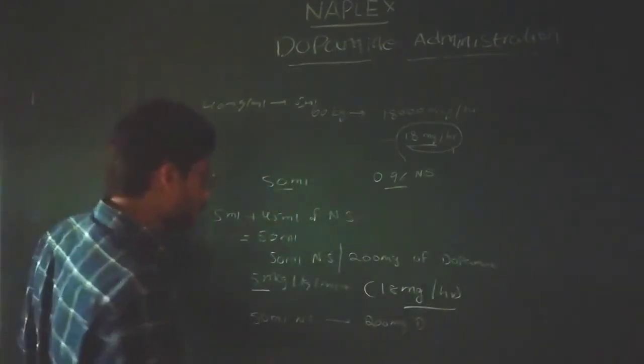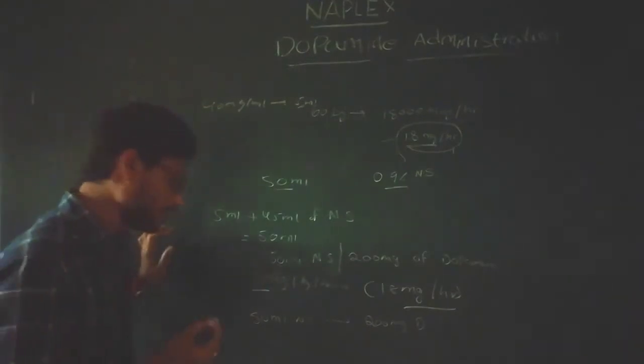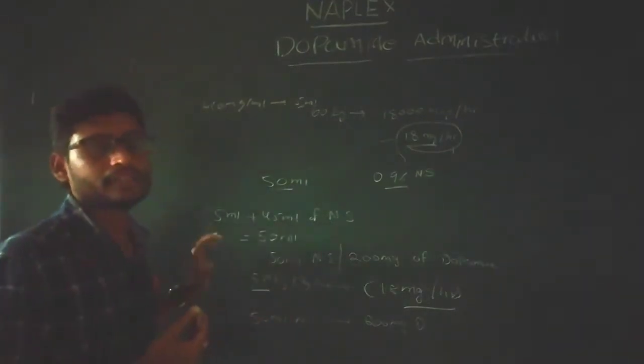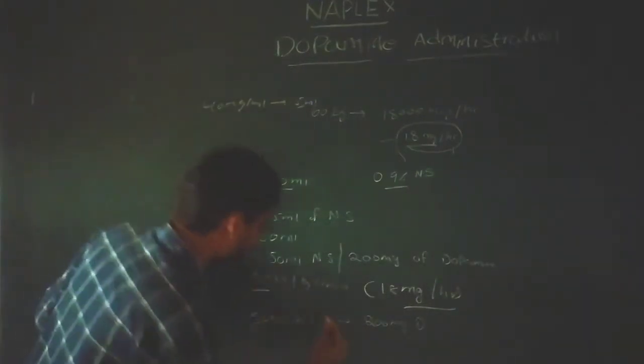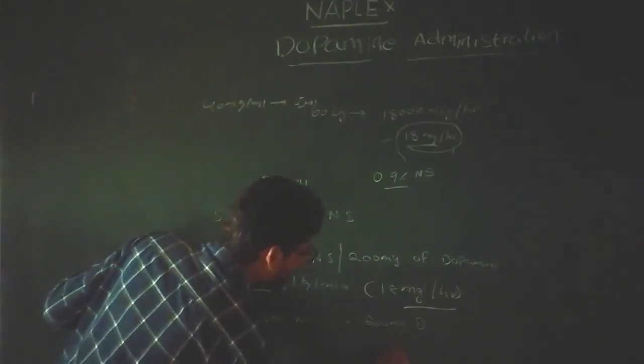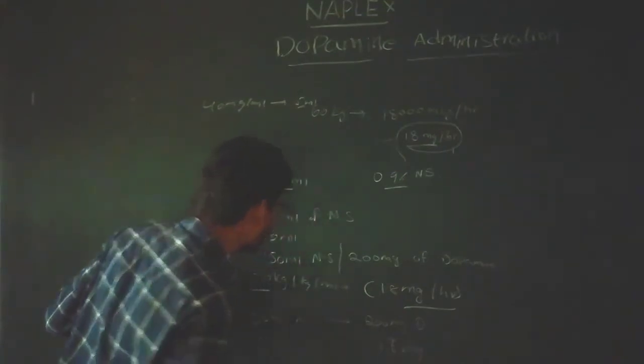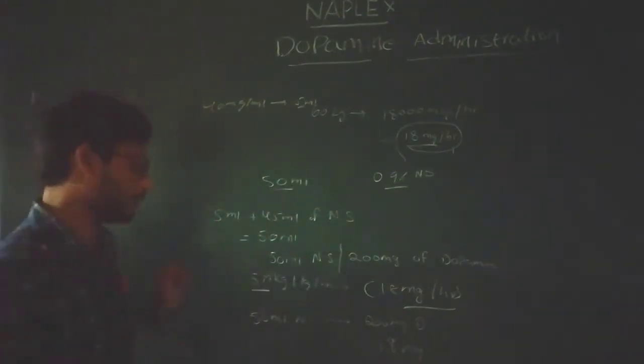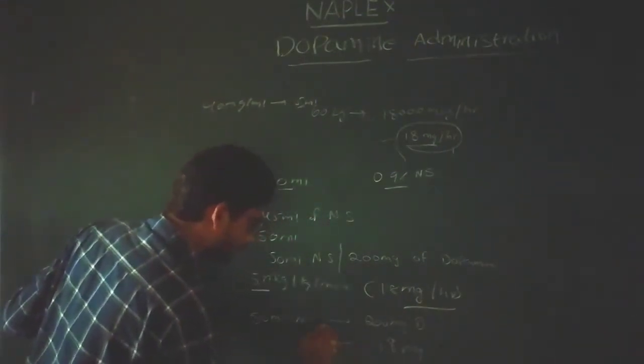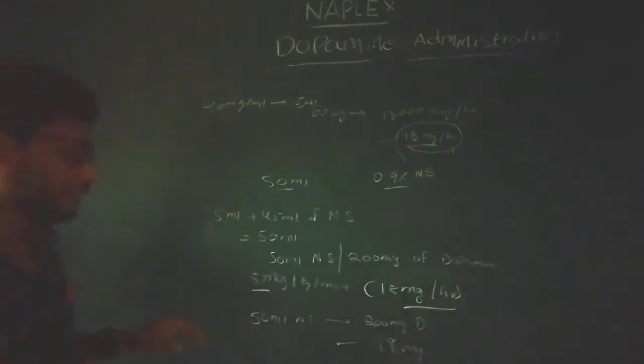So the dose needed for treating the persistent hypotension is only 18 mg per hour, but the makeup volume contains 200 mg of dopamine. So we have to calculate the amount of solution in ml to be administered to the patient.